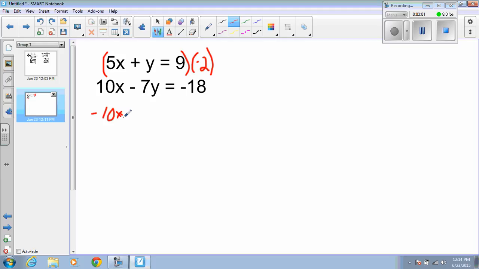And you should already be able to see that, oh, we're going to be able to cancel out now. So negative 2 times y is negative 2y, and negative 2 times 9 is negative 18. So then I'm left with these two equations.